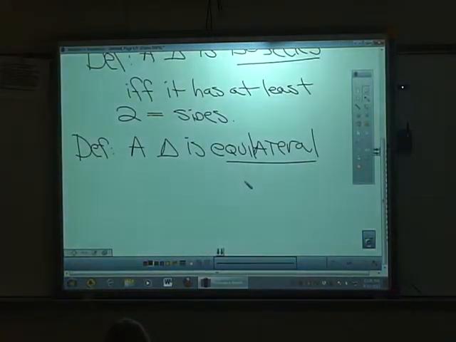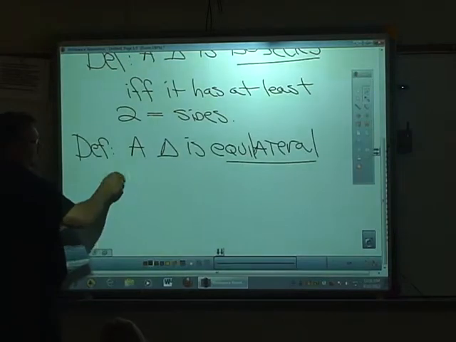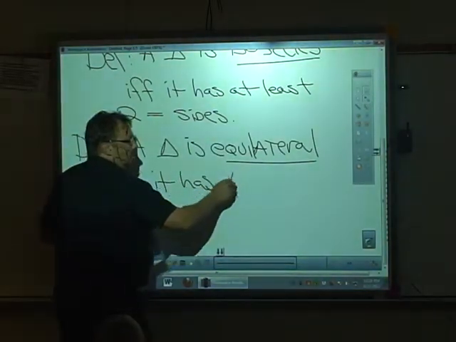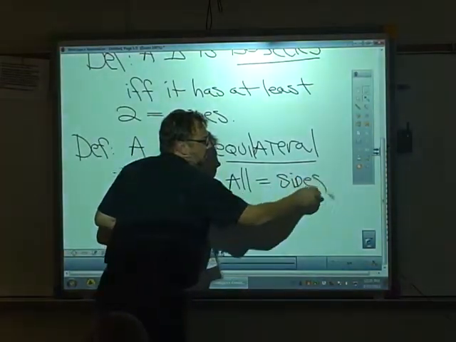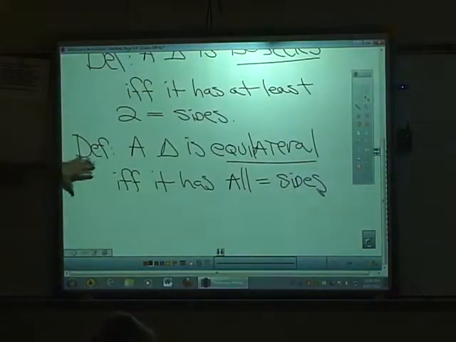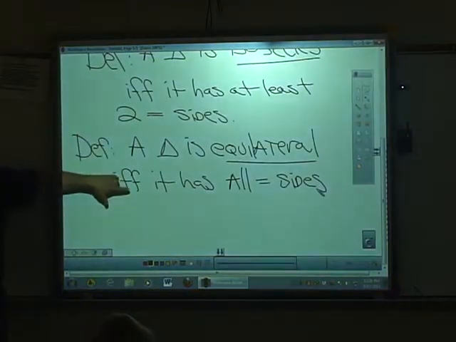Thank you for pointing that out. A triangle is equilateral if and only if it has all equal sides. Now, again, that means what? An equilateral triangle is isosceles, but not all isosceles triangles are equilateral.